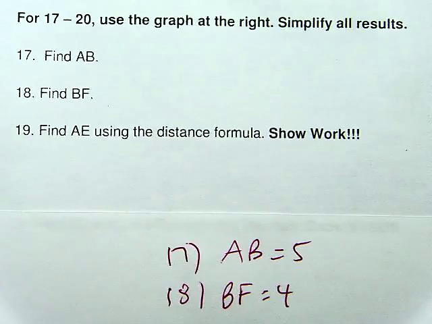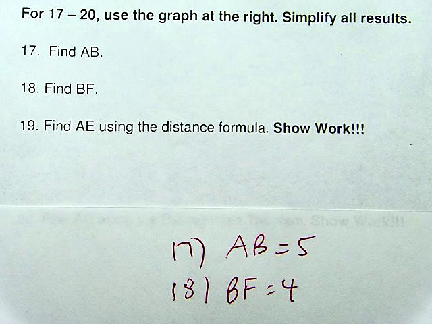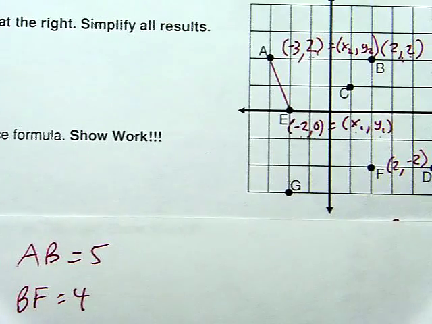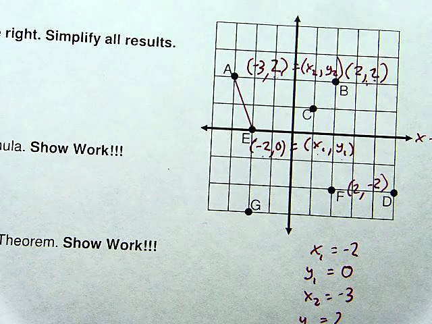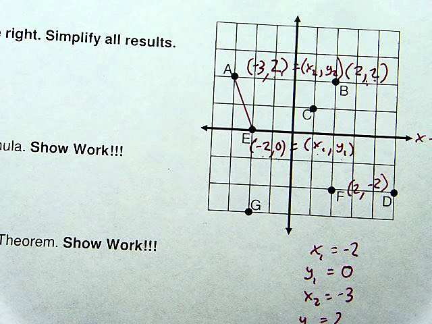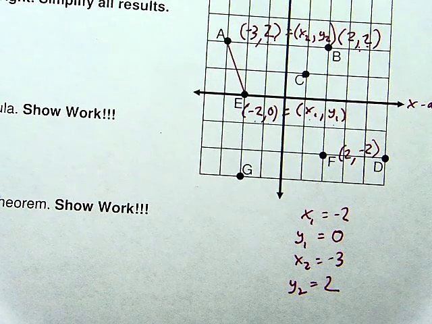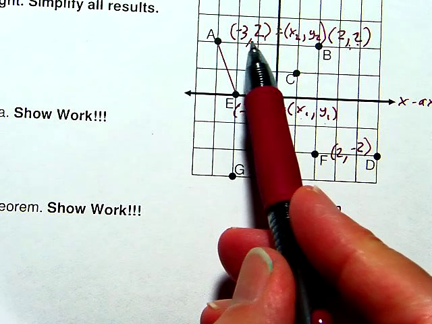vertical line. Number 19 asks us to find AE using the distance formula. Let's go back to our graph over here. I've already drawn in line AE, and you can see I've also already labeled x1, y1, as well as x2, y2. So we've done some of the preliminary work already here, and you can see the coordinates of A are -3, 2.